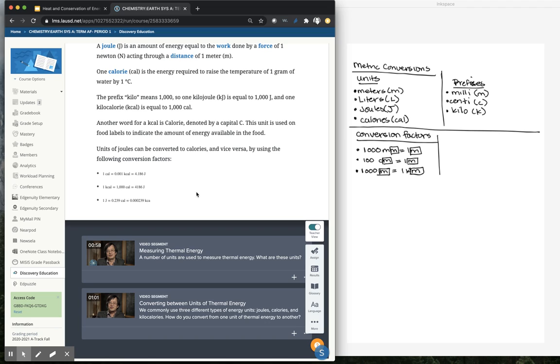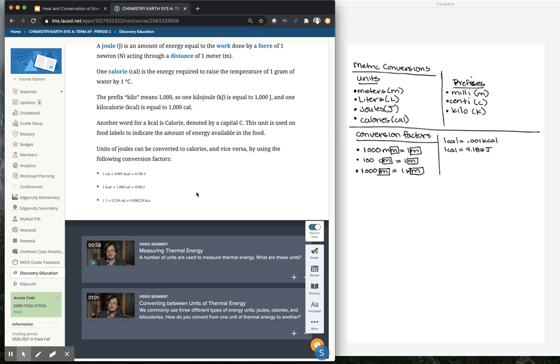So these conversion factors is 1 calorie is equal to 0.001 kilocalories, which is also equal to, so 1 calorie is equal to 4.186 joules, right?